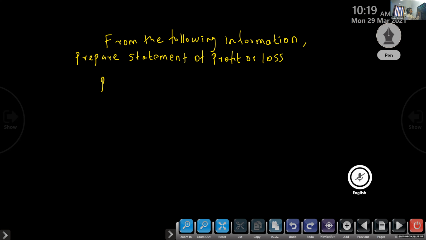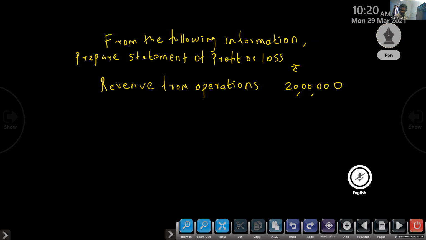Revenue from operations, rupees 20 lakh.